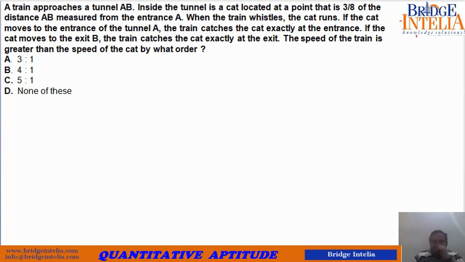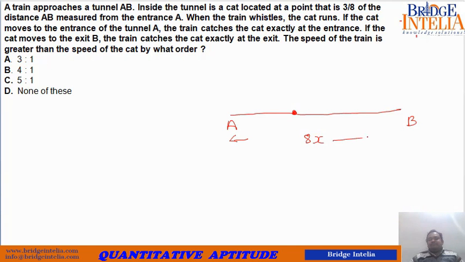So let us understand the meaning of this question. So suppose this is the tunnel. A cat is located somewhere here at a point that is 3/8 of the distance AB. So if this is A, this is B, let the total distance be 8x.